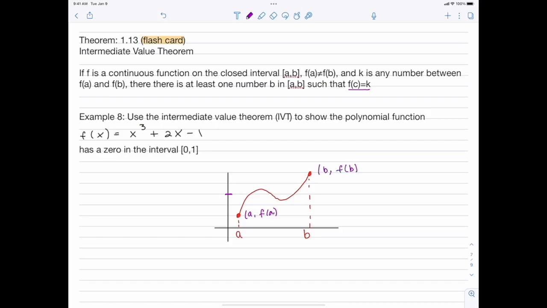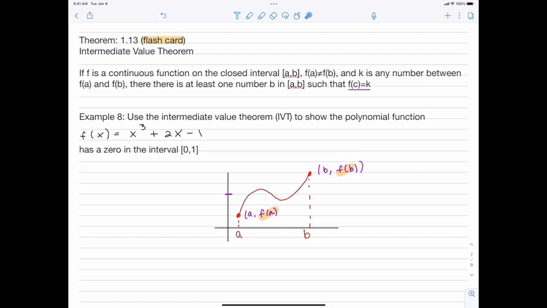So if there is a k value whose value is between f of a and f of b, then there must exist some c on the interval from a to b such that f of c equals k.